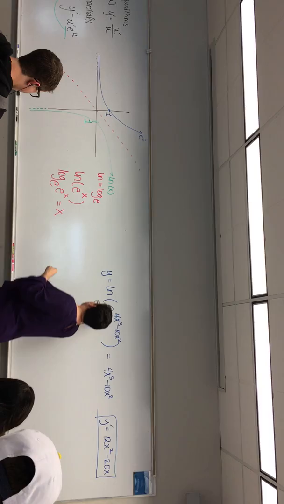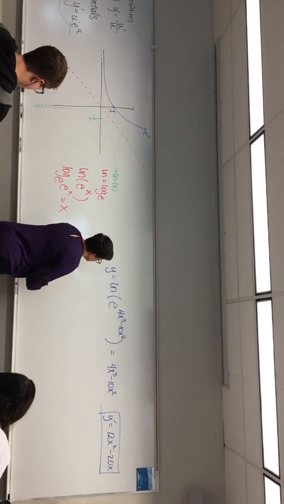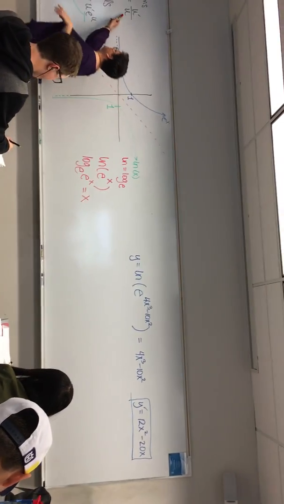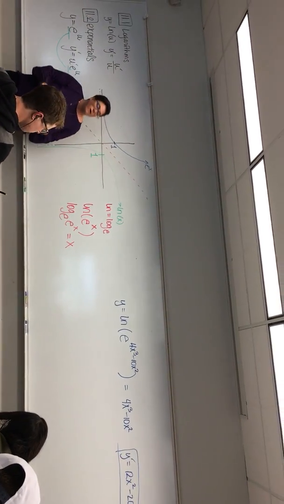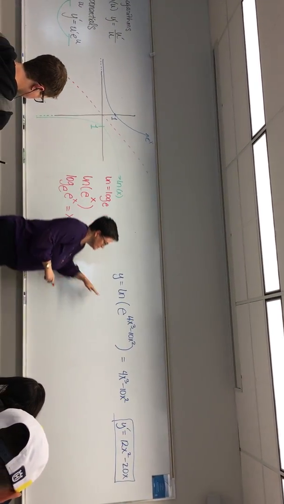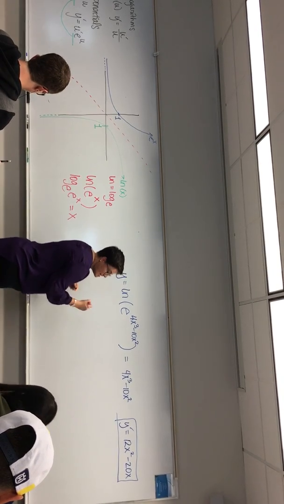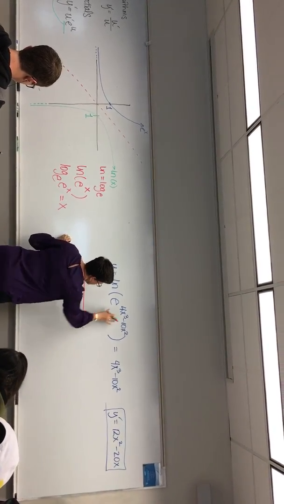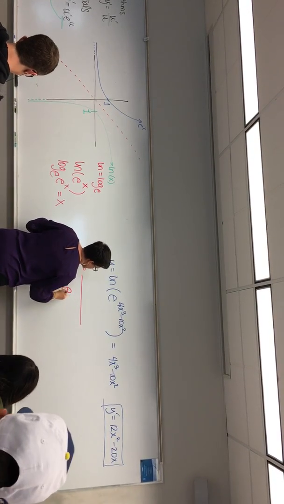Now let me show you the long way to get that derivative. What's the natural log of anything? It becomes the derivative of the thing over the thing itself, right? So what's the thing in this case? It's e to the 4x cubed minus 10x squared. So y prime equals, I'm gonna rewrite the denominator, because I know that's gonna go there.